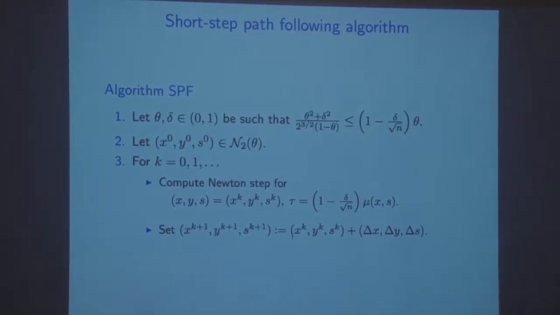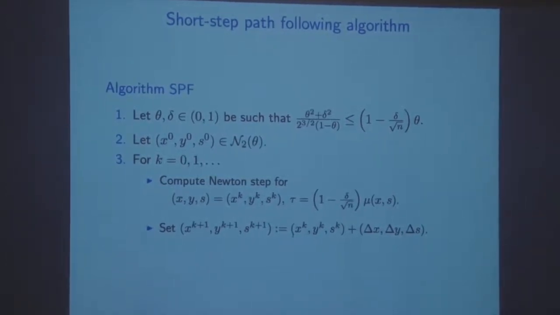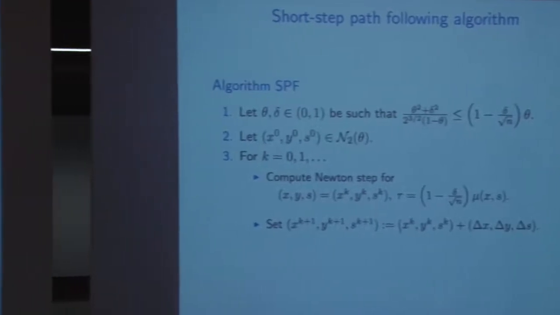So it's this remarkably short algorithm. You pick two constants, theta and delta, such that that inequality holds.